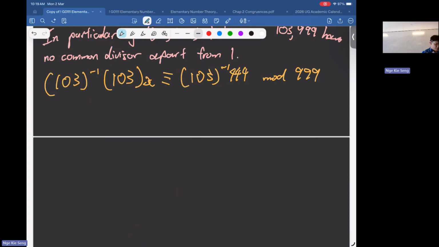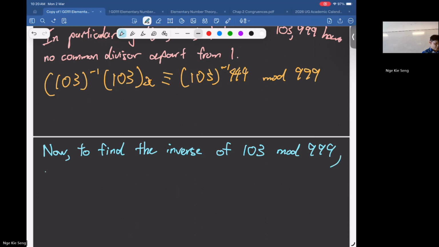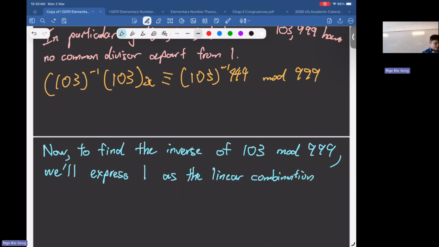Okay, so now to find the inverse of 103 mod 999, we will express 1 as the linear combination of 103 and 999.